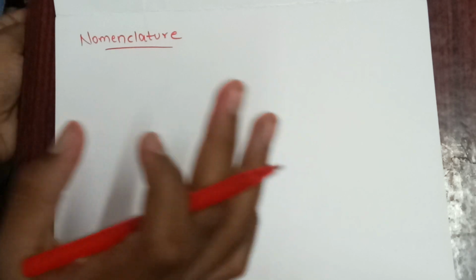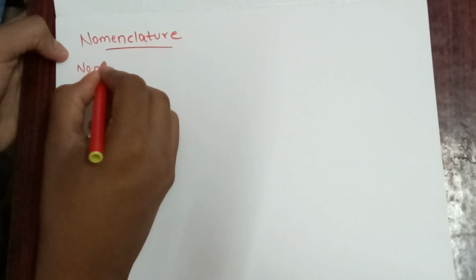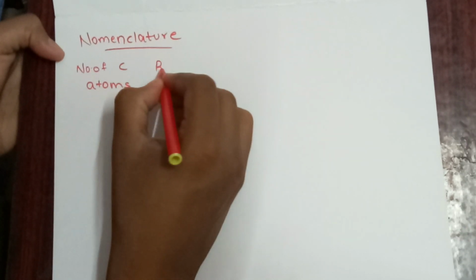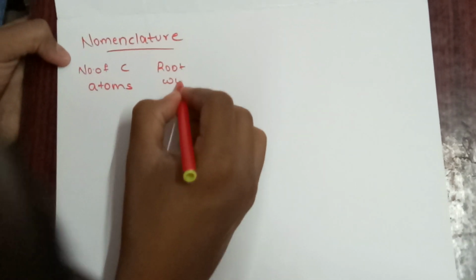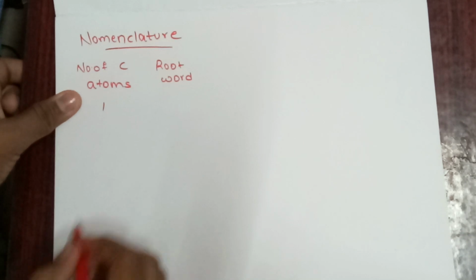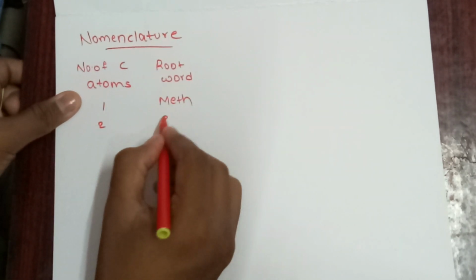Root words are based on the number of carbon atoms. If the number of carbon atoms is 1, the root word is meth. 2, eth.